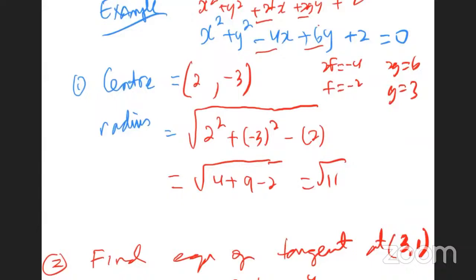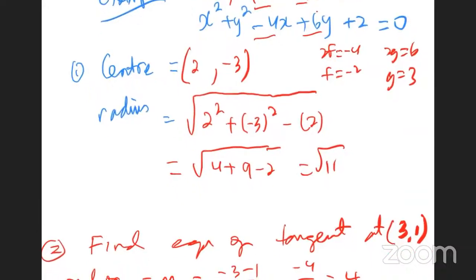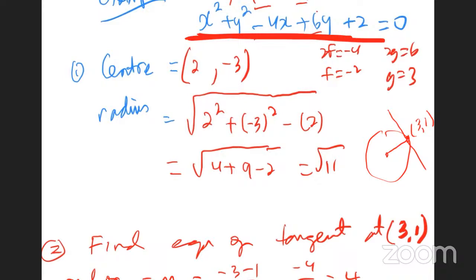The part I would like you to try for me is find the equation of the tangent at 3, 1. Right? So at some point on this circle, you know the center, find the tangent at that point 3, 1 for me. Okay? So go back to what we did a little while ago. You know what the center is. This same equation here. Find the equation of the tangent. Let's see what you get.